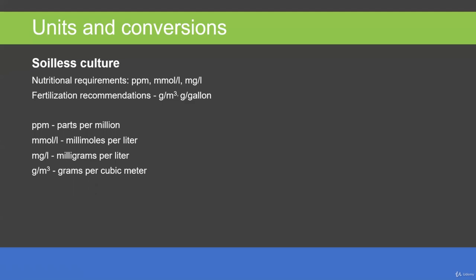I will explain that when we talk about fertigation. So ppm stands for parts per million. This is millimoles per liter. Mg per liter stands for milligrams per liter. And this one, g, is grams per cubic meter.